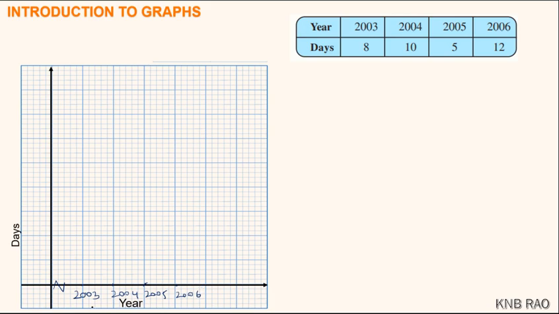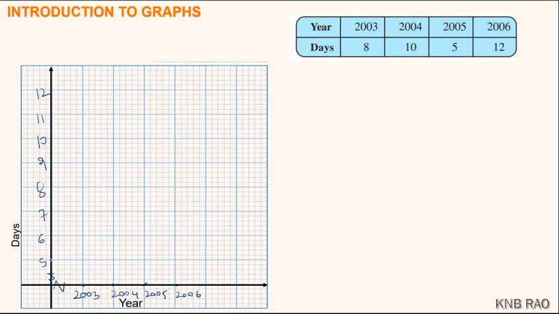I am considering years. Then I know that here minimum value is 5. So here also I will consider a kink. I will start with the 5, 6, 7, 8, 9, 10, 11 and 12.